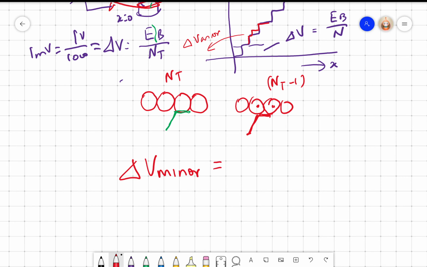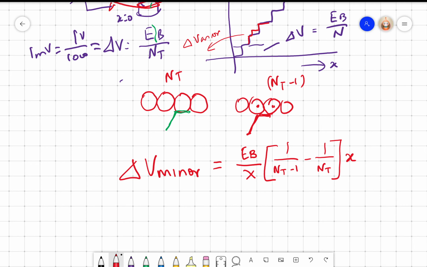Delta V minor is equal to EB by X_FS as usual, into 1 by NT minus 1, minus 1 by NT, into X, right?